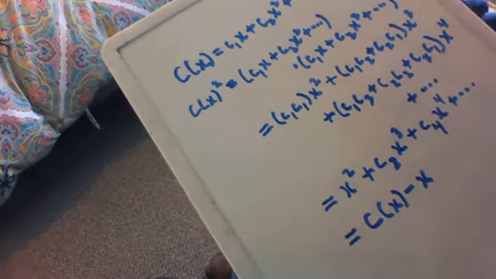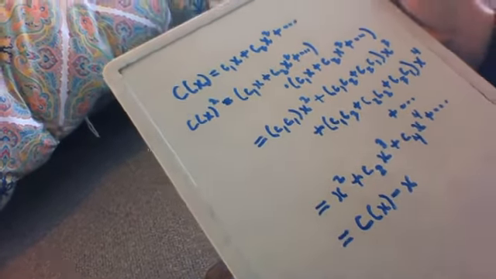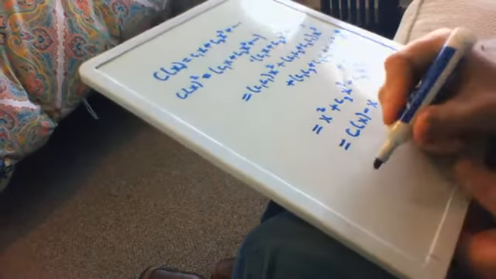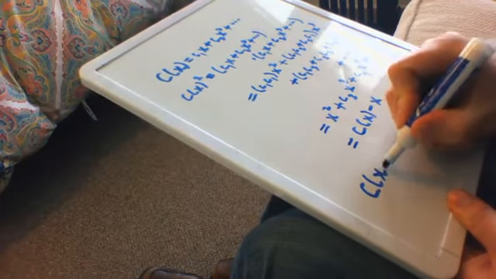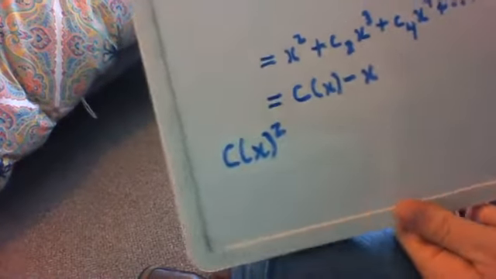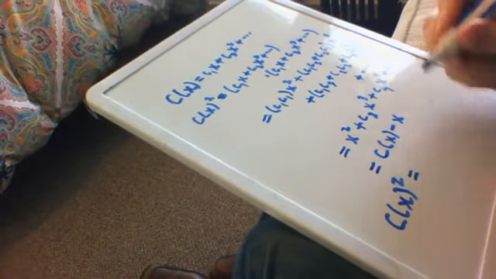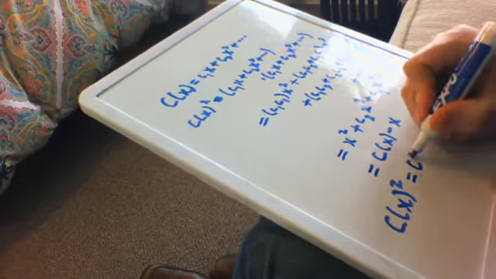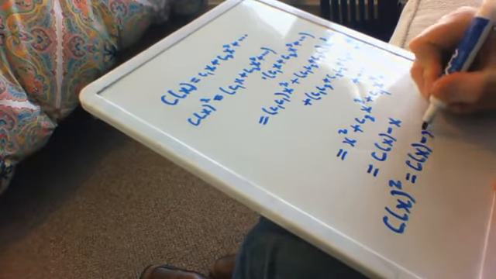So overall, what we realize is that C(x) squared, and this is sort of amazing, I mean, let's think about this. If you take the Catalan generating function and you square it, you just end up with itself minus x.